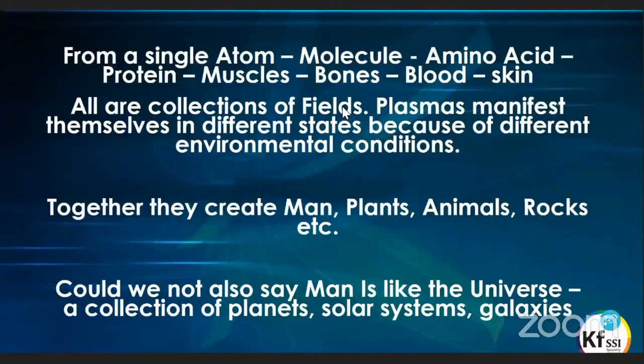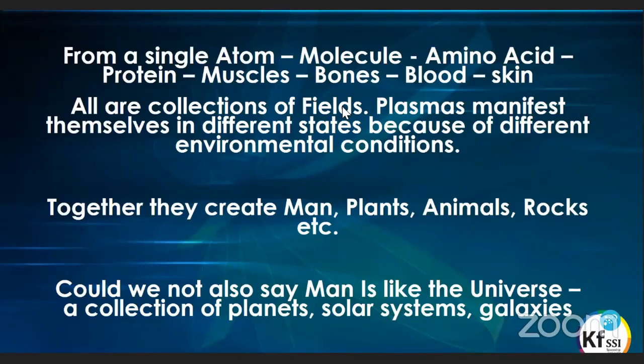So from a single atom, we get molecules, amino acids, proteins, muscles, bones, our blood, our skin. They're all a collection of fields, plasmas which manifest themselves in different states because of different environmental conditions.